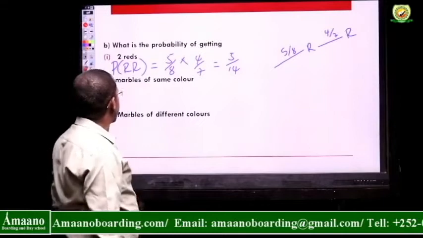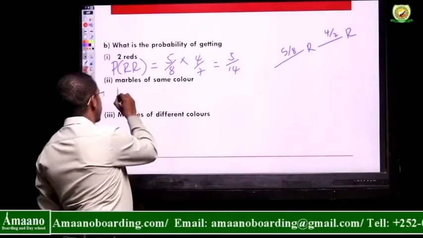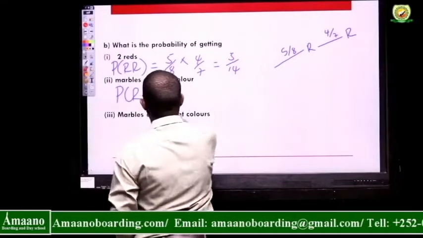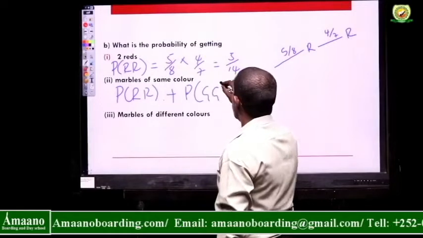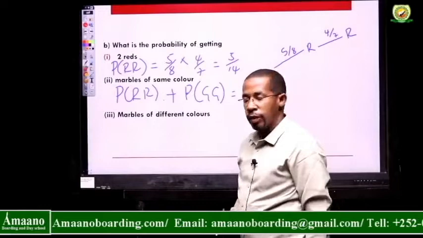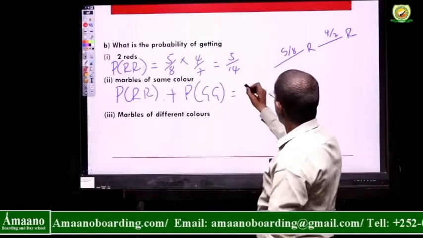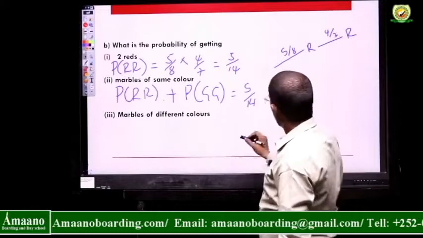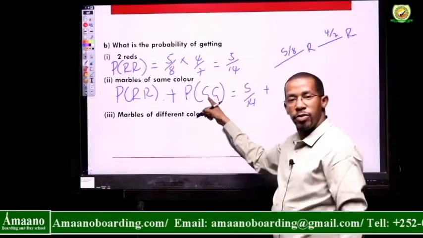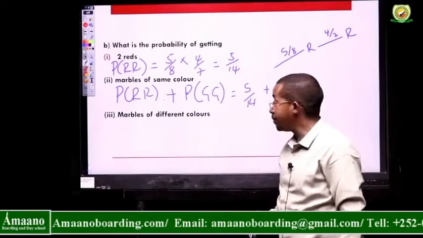Then probability of getting the same color: probability of R and R, plus probability of G and G. This one we have found as 5 over 14. You also need to find probability of 2 greens.